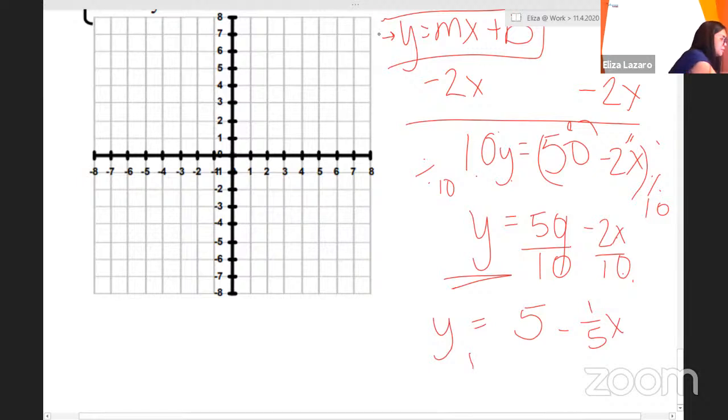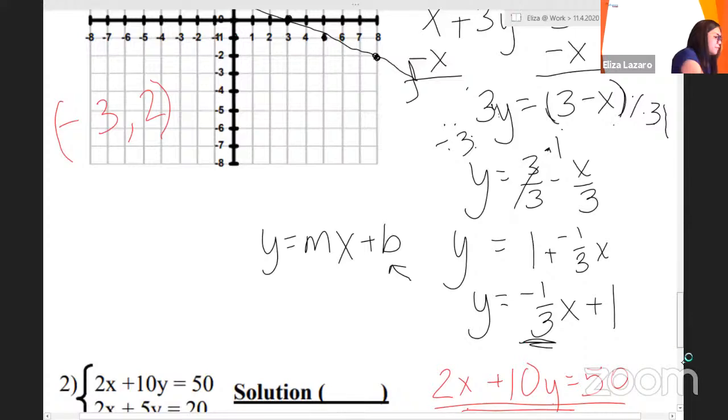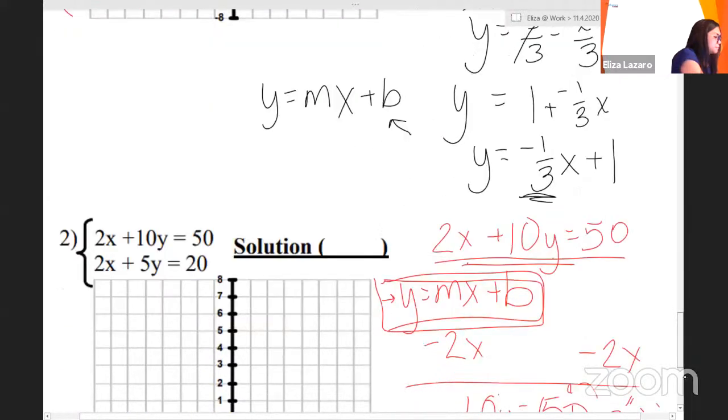And that's pretty much what this is given in slope-intercept form, but I'm going to rearrange it a little to make it look like that. So we're left with y equals negative 1/5 x plus 5. This is the same thing. So that's going to be our slope-intercept form for that first equation.